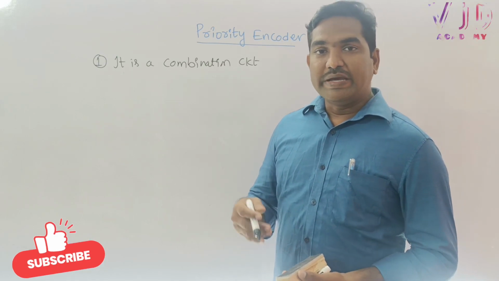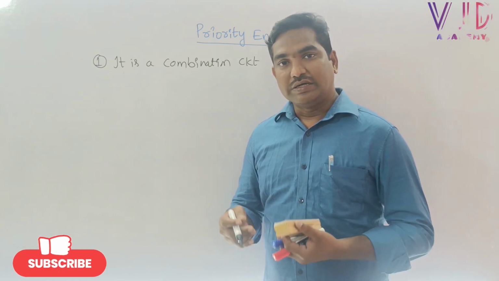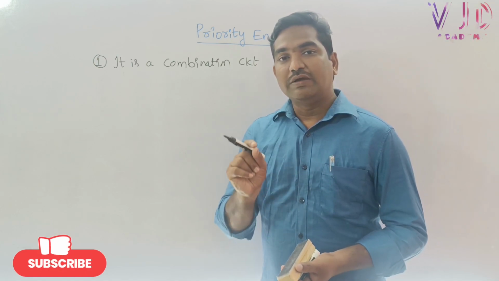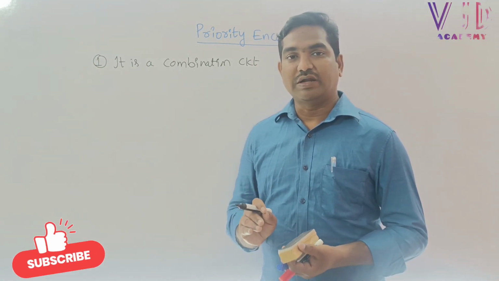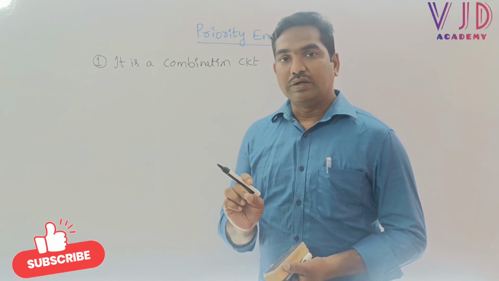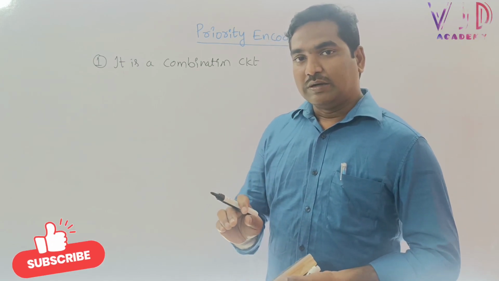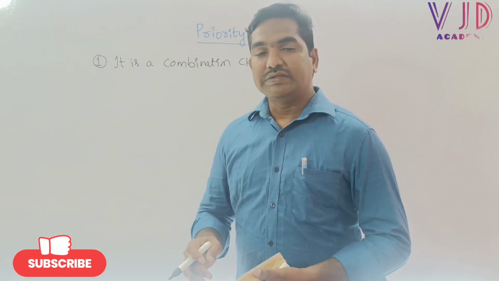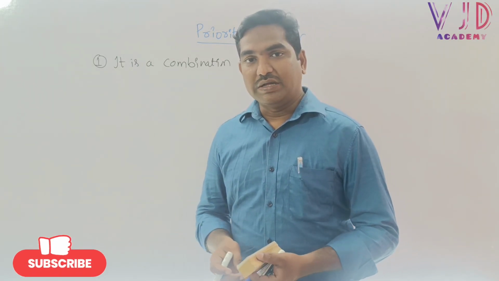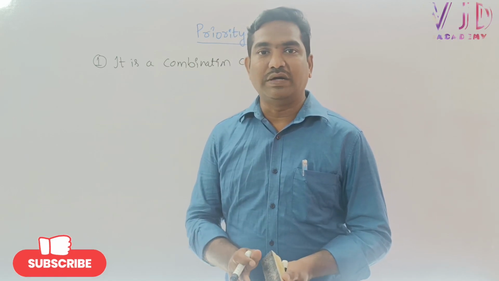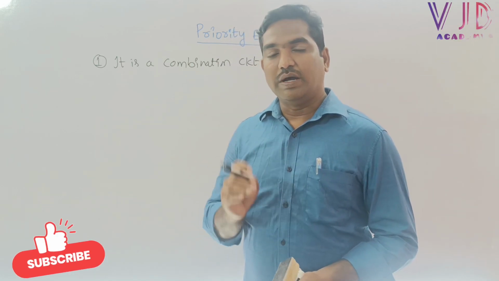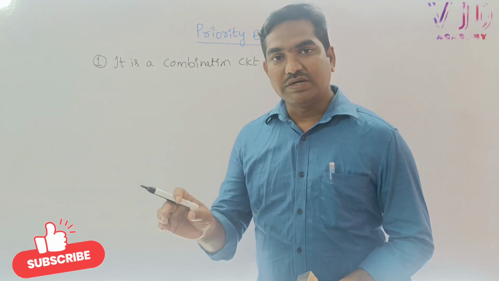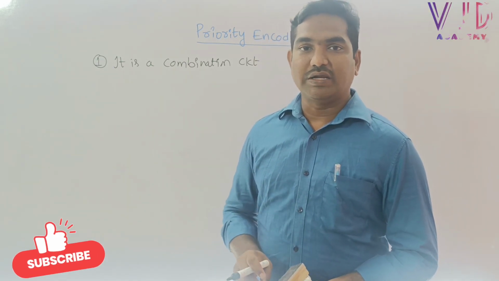In the basic encoder we have studied and understood that when we give one input, that particular input goes out to the output. What is the main principle of the encoder? It is used to convert all other codes to binary codes. We can say octal to binary, hexadecimal to binary, even decimal to binary.